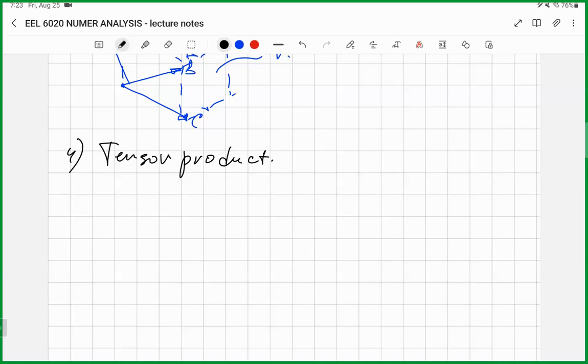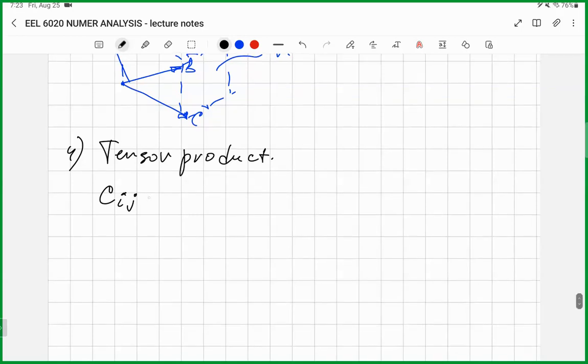So by the name, the tensor product generates a tensor from two vectors. Let's denote it by Cij, like a tensor of second order. It's the result of the tensor product of two vectors, A and B. This circle with a cross inside denotes the tensor product.